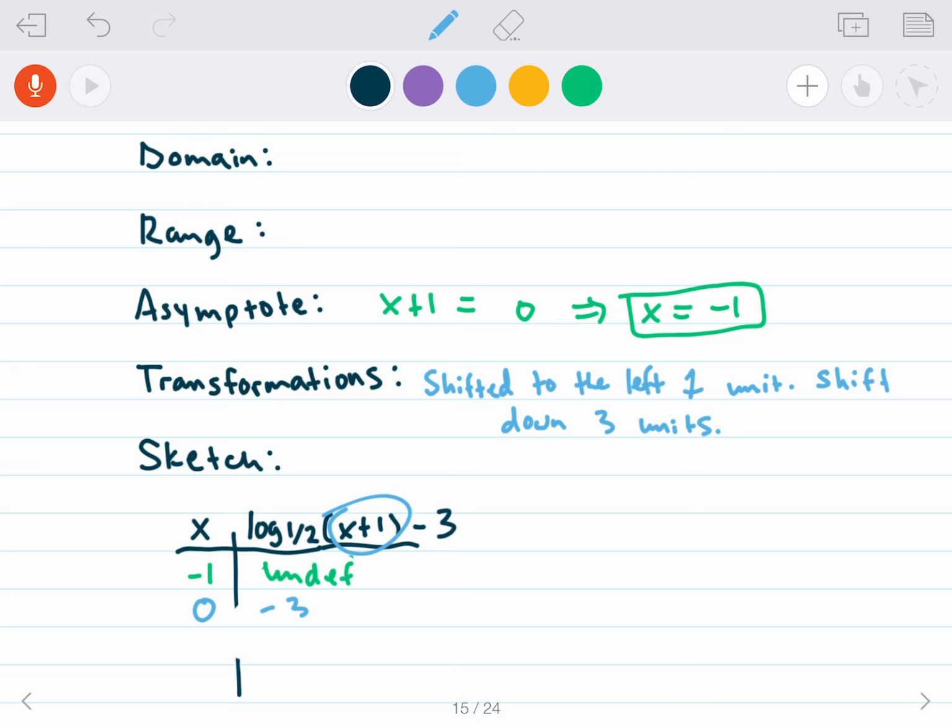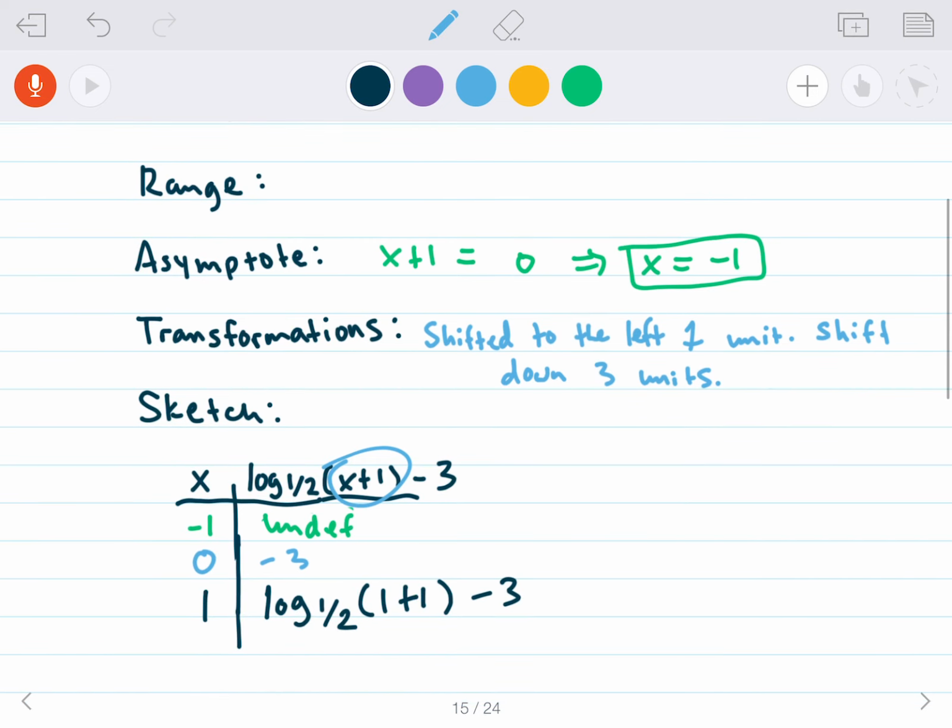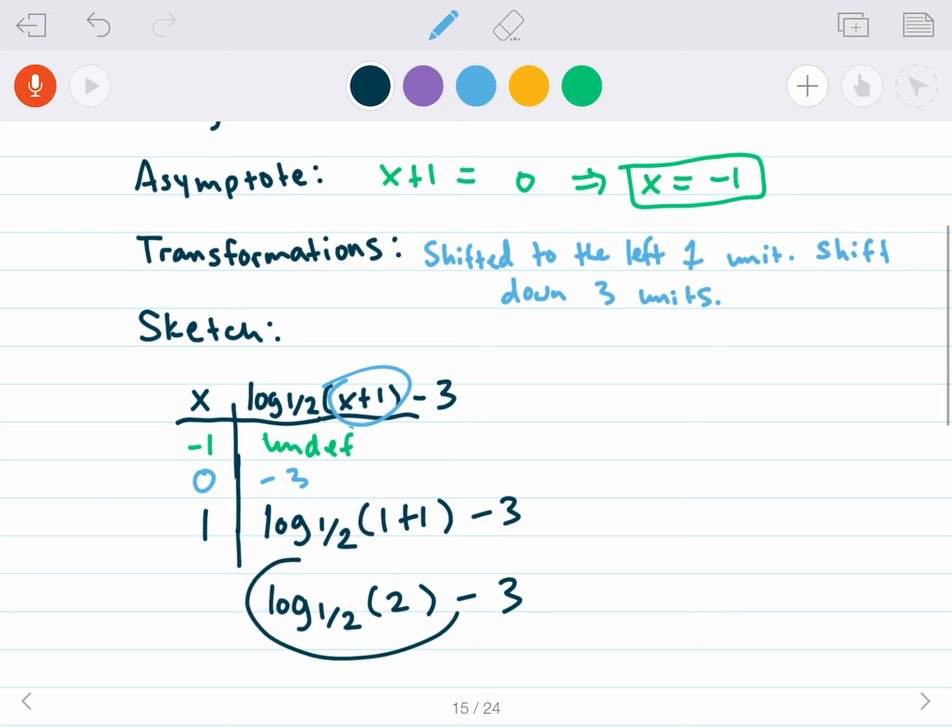And we might as well do one more point here. How about when x is equal to 1? Well, when x is equal to 1, we have log base 1/2 of 1 plus 1, minus 3. So this is log base 1/2 of 2, minus 3. What is this saying? 1/2 to what power is equal to 2?